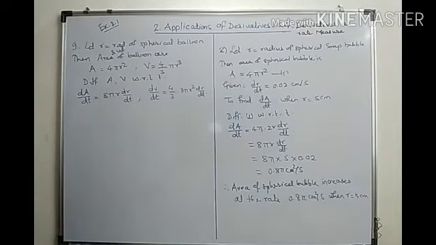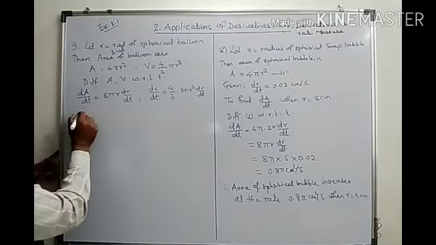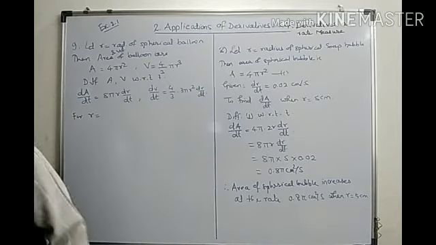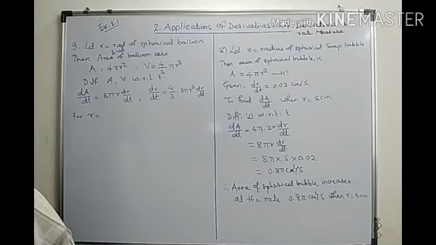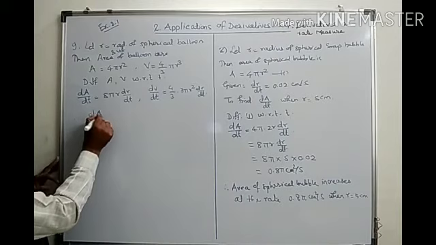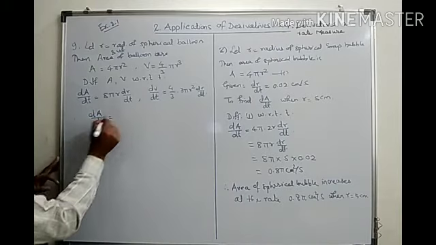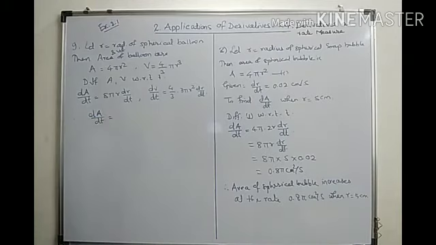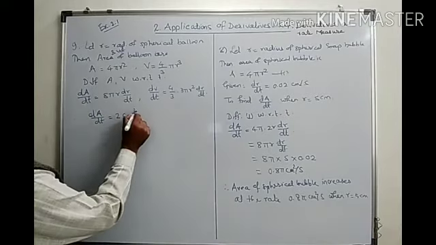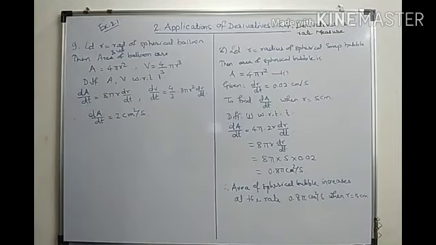For r is equal to 6 centimeter, dA by dt is equal to 2 centimeter square per second, and we have to find dV by dt.